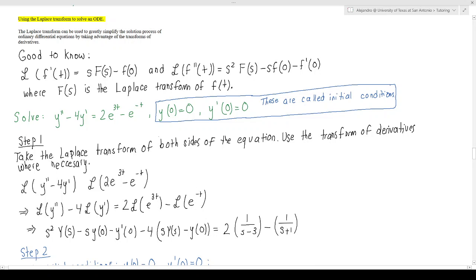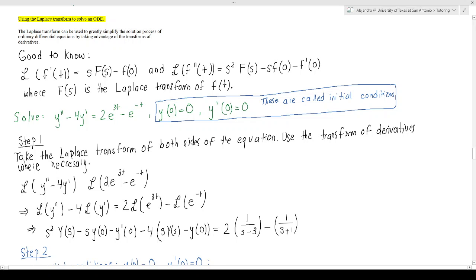We can use this to our advantage when we're given this second order ODE, y double prime minus 4y prime equals 2e raised to the 3t minus e raised to the negative t. And we're given the initial conditions that y of 0 is equal to 0 and y prime of 0 is equal to 0.